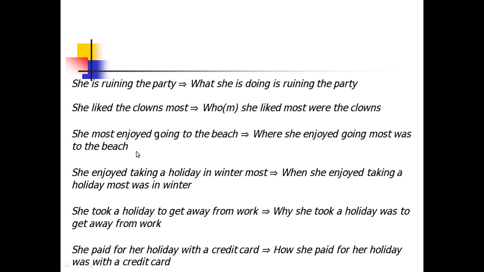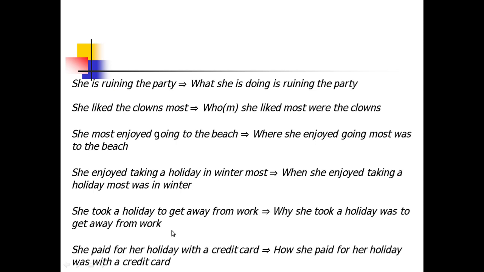She most enjoys going to the beach. Where she enjoys going most, verb to be, was to the beach. She enjoyed taking a holiday in winter most. When she enjoyed taking a holiday most, verb to be, was in winter.